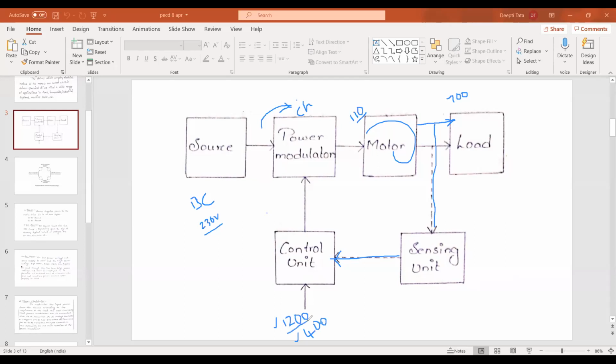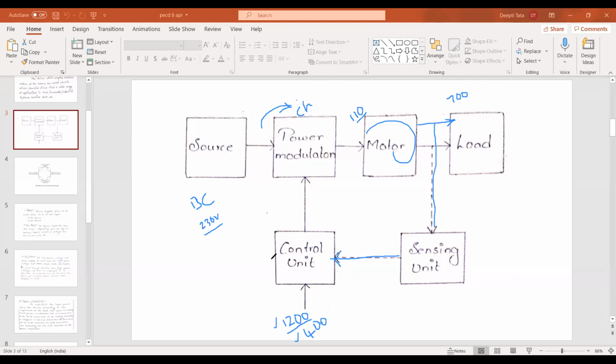That is, the reference input is 1200 rpm. Already our drive is rotating at 700. Is there any difference or not? No difference, ma'am. Exactly. The difference is 500 and you have to increase the speed.